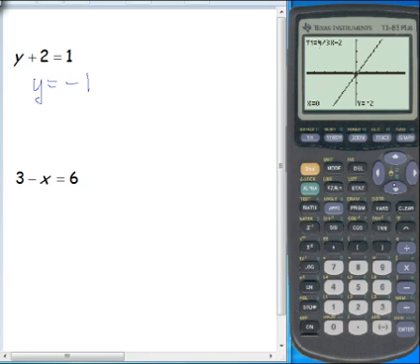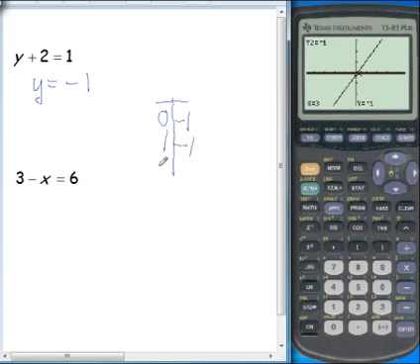If I hit the up or down arrow, it'll switch me to the other line, y equals -1, and I can move to the right and it'll give me points on that. 1, -1, 2, -1, 3, -1. And of course you could make a table of values for that horizontal line: 0, -1 being the y-intercept, 2, -1, and graph the horizontal line.